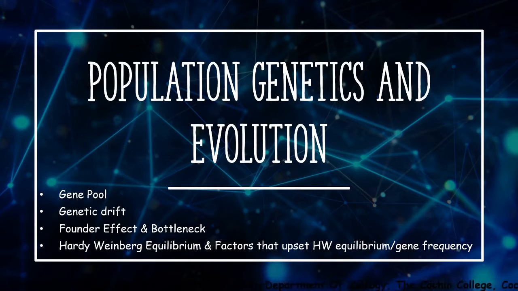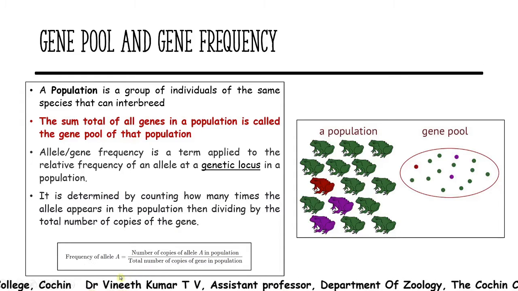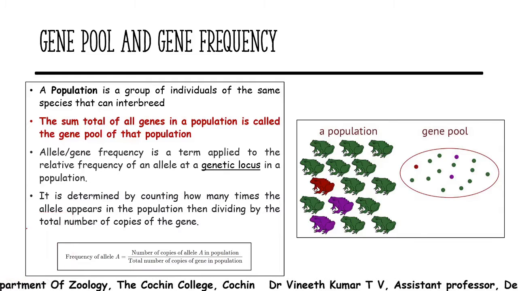So, to begin our discussion on population genetics, we'll start by defining a species and a population. You consider a group of organisms as belonging to a species if they satisfy three criteria. One is their morphological appearance.